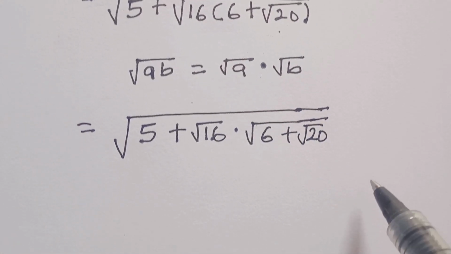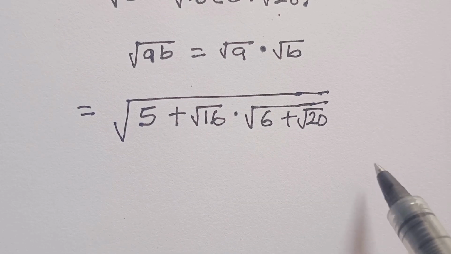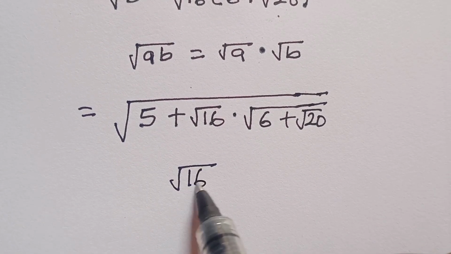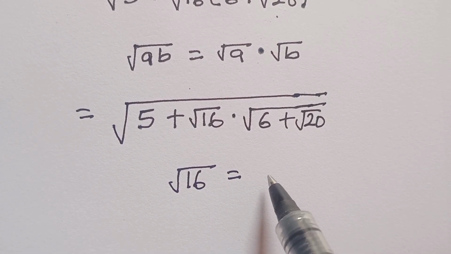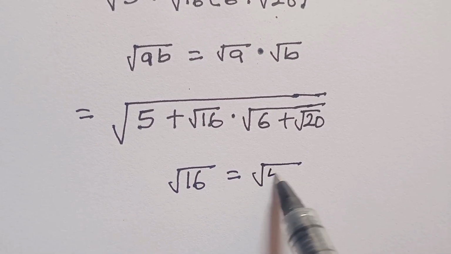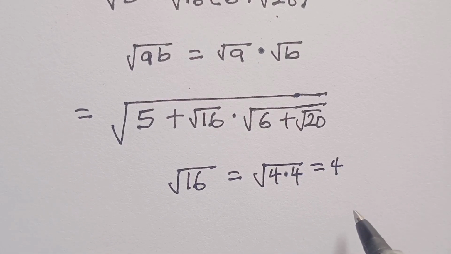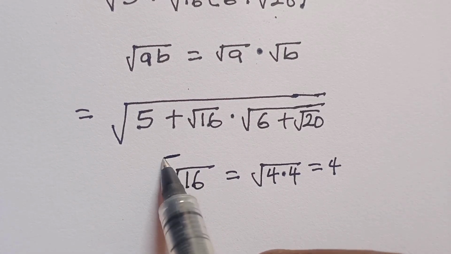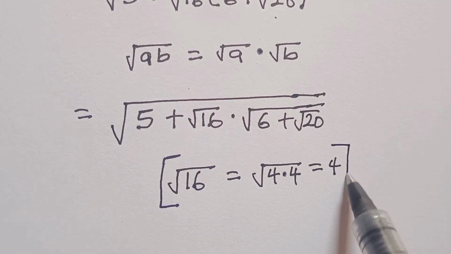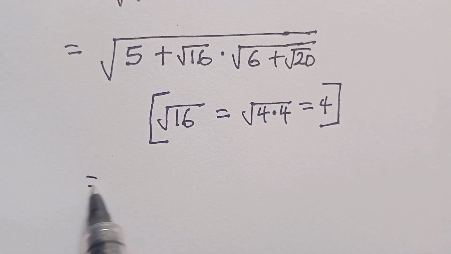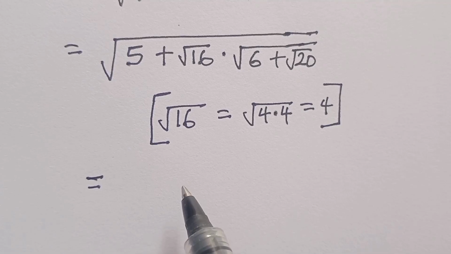So once you are following, if you understand it up to this stage, it's easy and straightforward. Don't forget, the square root of 16 is more or less like the square root of 4 multiplied by 4, and that will give us 4 as our final answer. Now let's apply this to the above expression that we have.